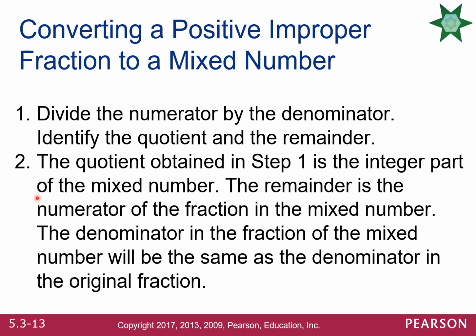And then in step 2, the quotient obtained in step 1 is the integer part of the mixed number. The remainder is the numerator of the fraction in the mixed number, and the denominator of the mixed number will be the same as the denominator in the original fraction. So in other words, the denominator of the mixed fraction will be the divisor. All right. So let's go on to the next set of examples that the book had provided through these slides and go over it.